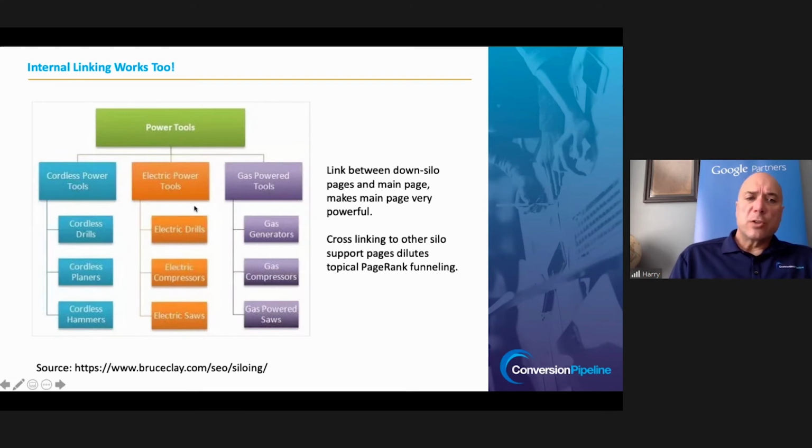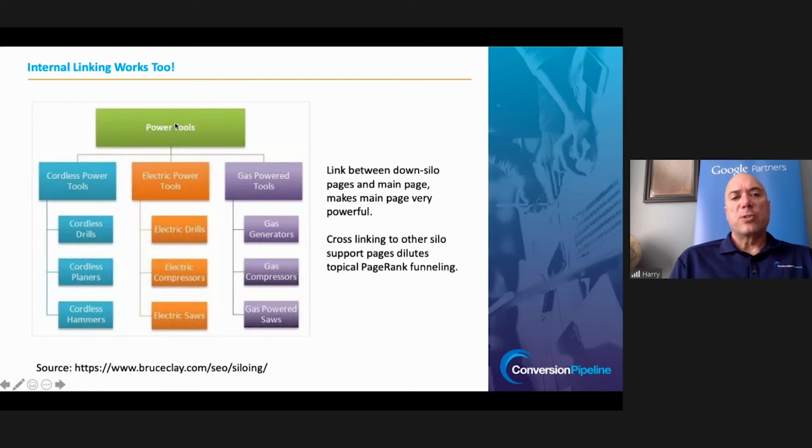The same thing goes for electric power tools. And so too does having all these supporting pages, these 9, 10, 11, these 12 supporting pages, all under the heading power tools, make power tools really powerful. It provides a lot of authority to this particular page.